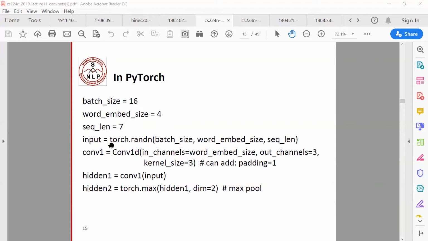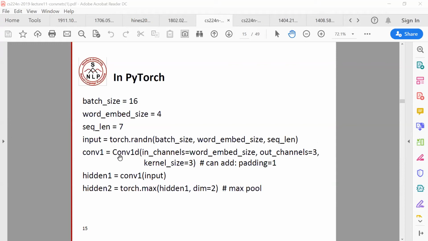Your input would be a randomly initialized tensor which has a dimension of 16 by 4 by 7. So that's your random input. And I guess in this case, you're actually trying to learn the word embeddings at the same time, so that's why you're randomly initializing them, so you can learn them.